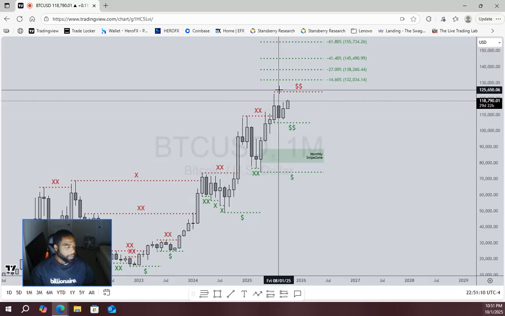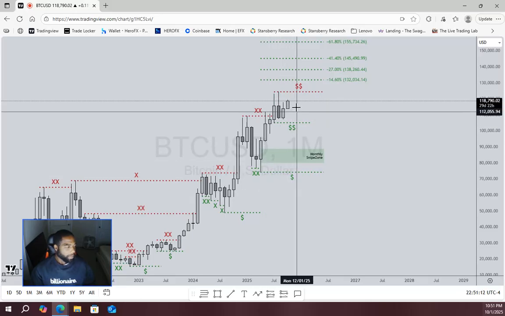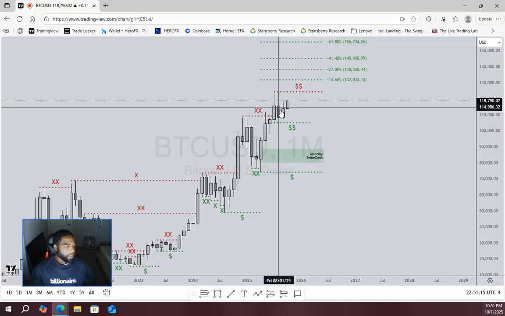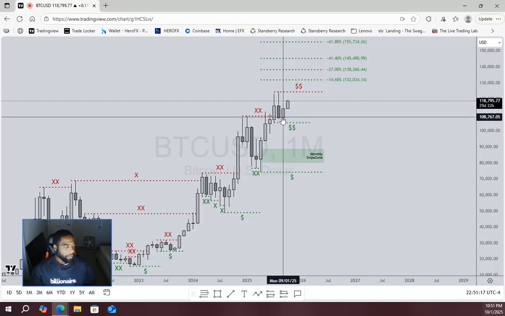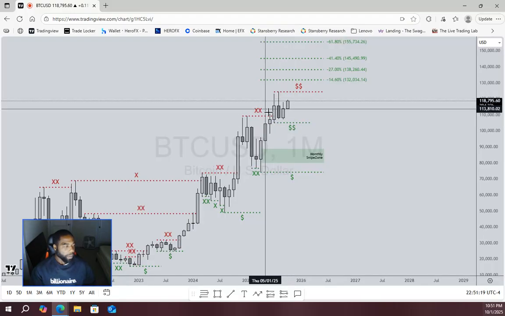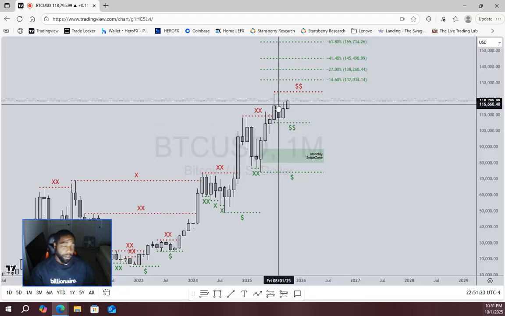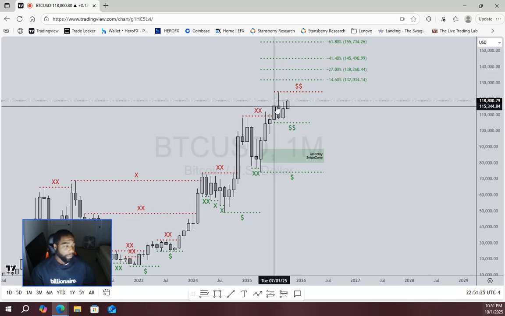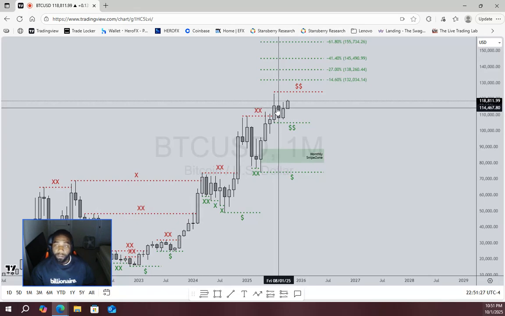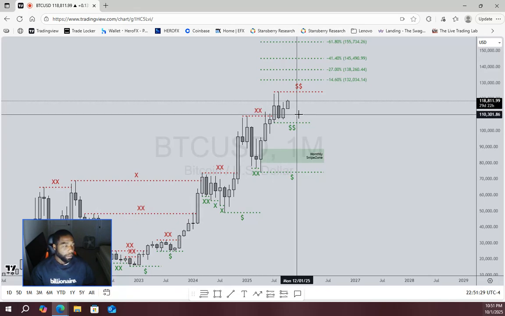I call this a swing to swing because price started selling, giving this and inducing this retracement. If you look at this candle pattern here, you can call it a tweezer top, like I said in my last video a month ago.